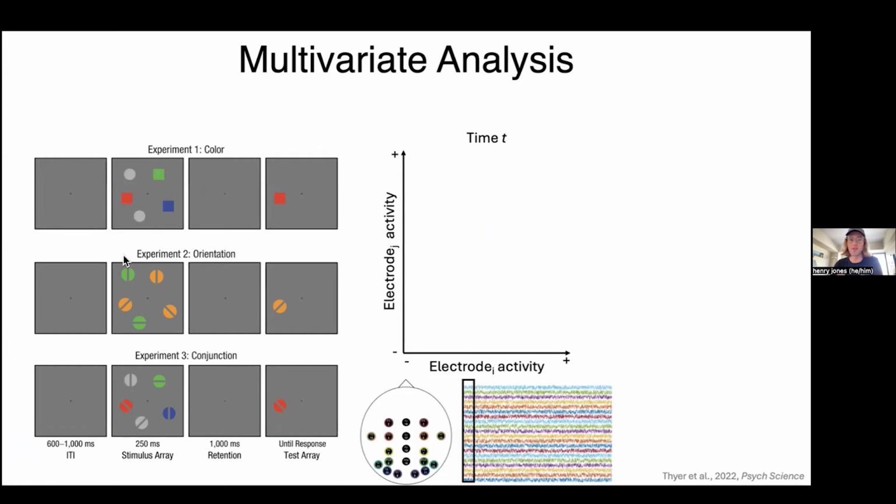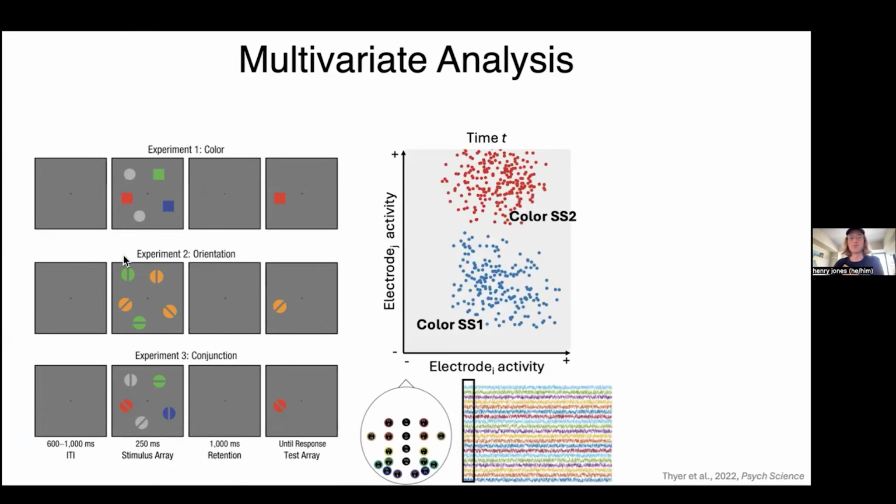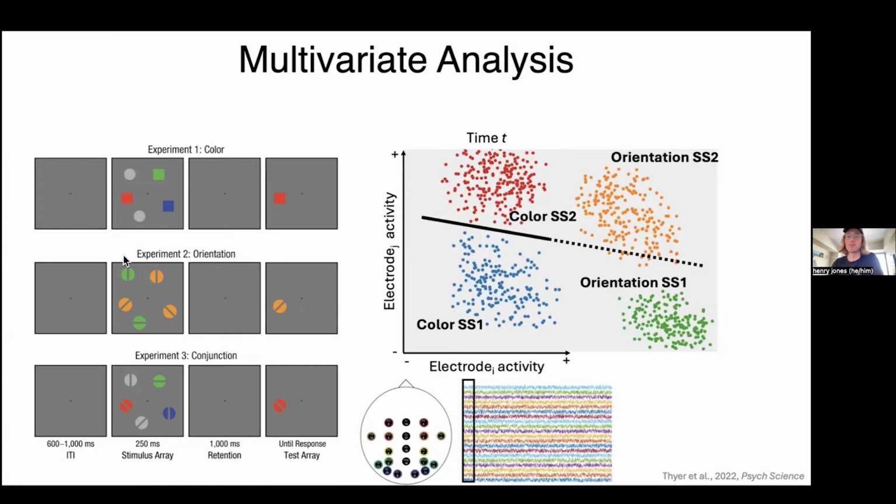So just with a toy example with two electrodes, we would train a classifier to decode set size, the number of colors that people needed to remember. Once we have our classifier trained, we would test whether it generalized to one of the held out other features like orientation or the conjunction condition, and use that to assess whether the working memory load signal was consistent across these different conditions.